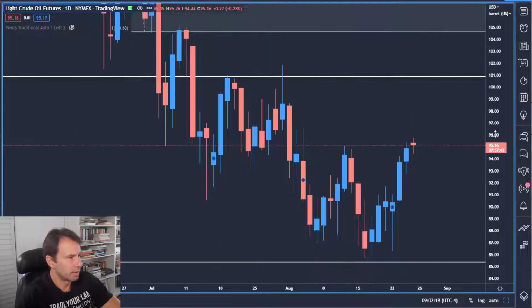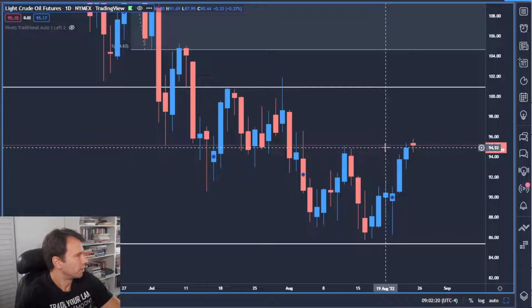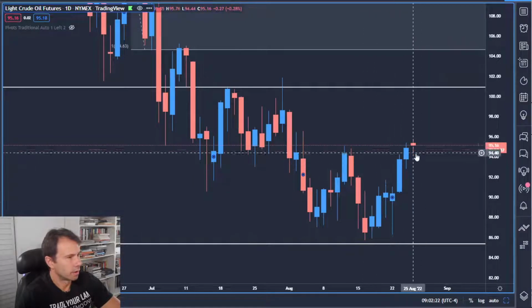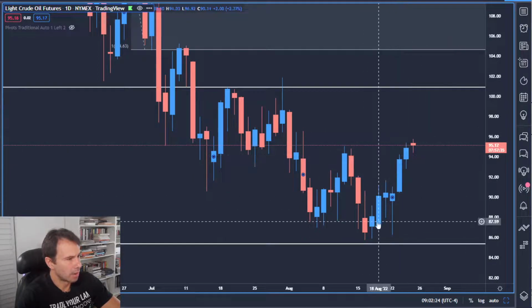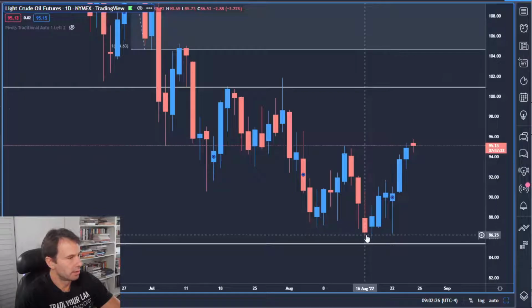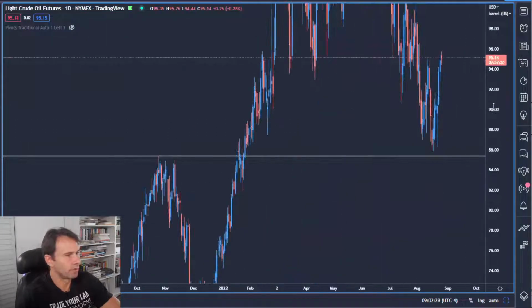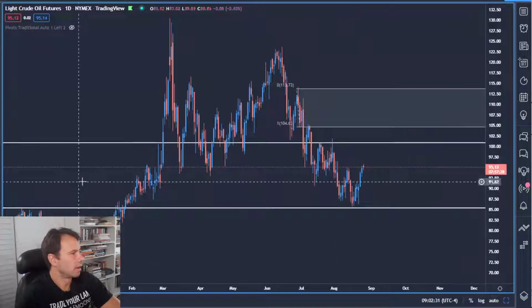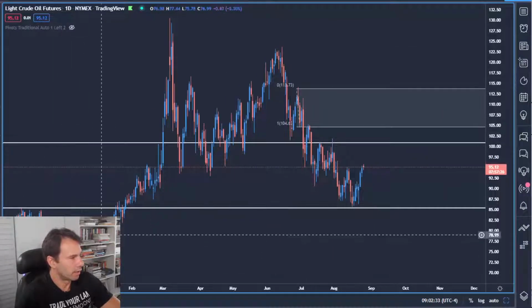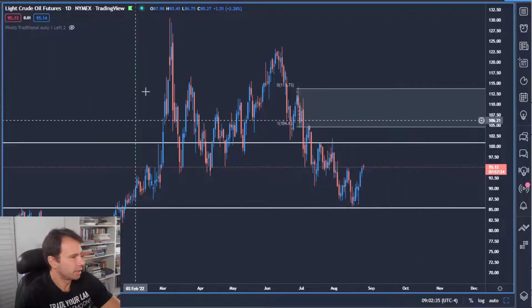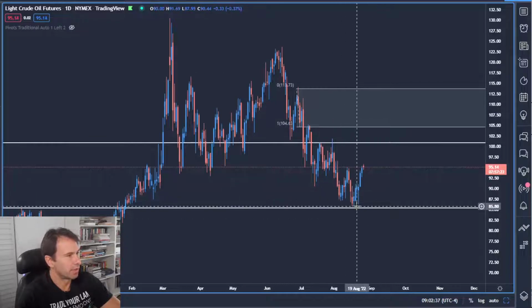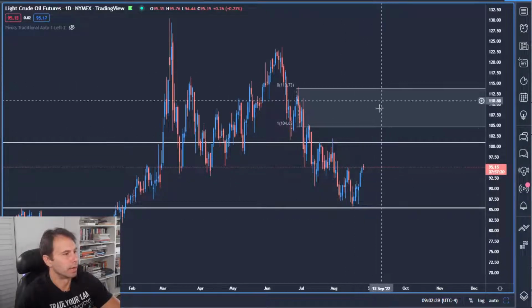So here's the daily. On the daily chart, we are obviously coming up from the lows at 86, and it makes sense because here is a breakout and retest pattern. We broke out here around February or January, then it came down here, consolidated, and it's breaking back up.